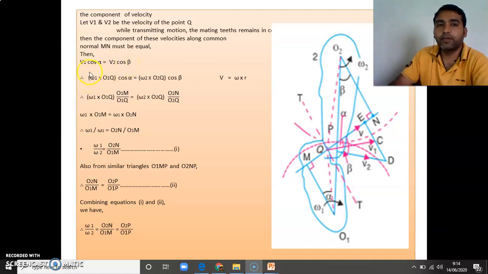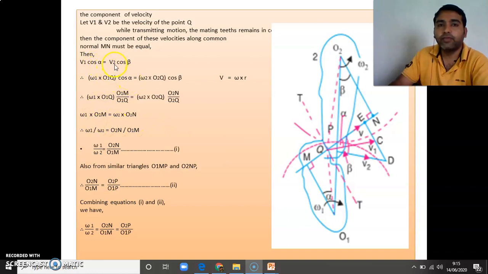Therefore, V1 means omega times R. So omega 1 into the perpendicular distance, which is O1Q. Omega 1 is the angular velocity of gear 1, so we put V1 as omega 1 into O1Q into cos alpha.